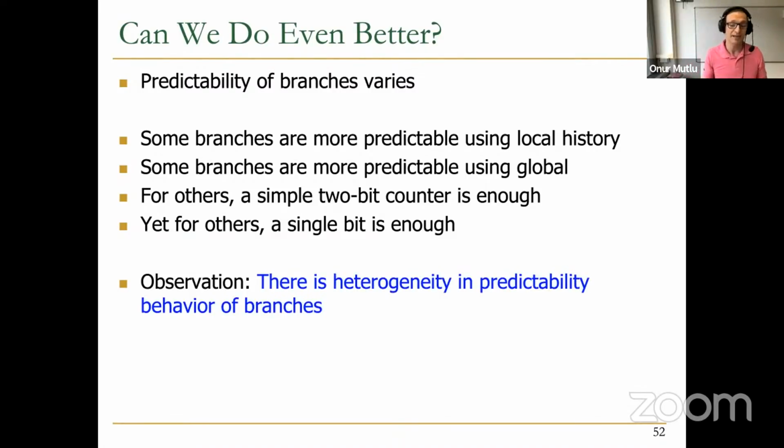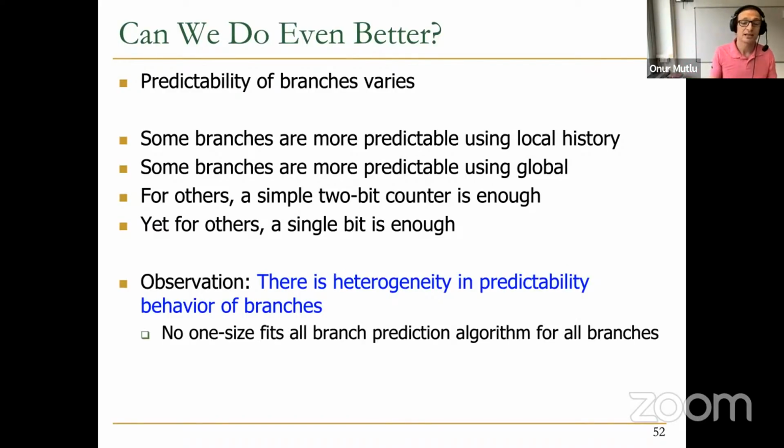And whenever you see this, whenever there's some heterogeneity, you should always think, if I design a mechanism that tries to basically treat everything the same, it will not work because it's not homogeneous. Basically there's no one-size-fits-all branch prediction algorithm for all branches because all branches are different. And this is a very fundamental thinking in a sense. You're trying to homogeneously treat a class of items that are by nature very heterogeneous.